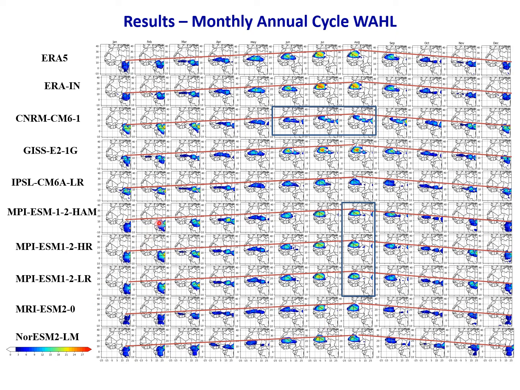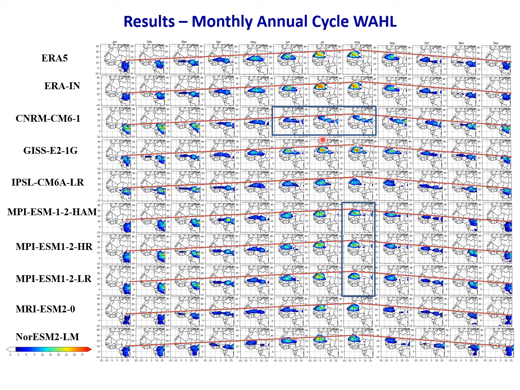However, we see that there are differences in the model simulations. An example is the simulation of the heat low for the winter months, where there are stronger heat lows in the models than in the reanalysis products.